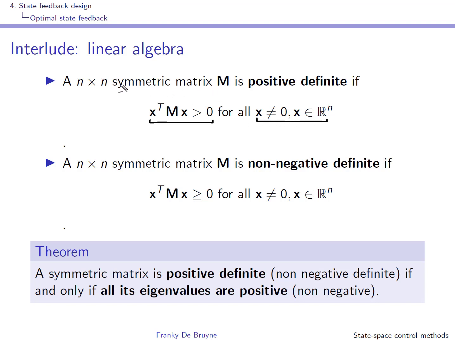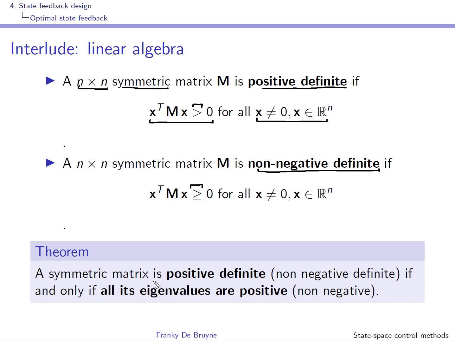M here is an n by n symmetric matrix. And we have a closely related definition with positive definite replaced by non-negative definite, and obviously this one is going to be replaced by greater or equal. And we have seen that a symmetric matrix is positive definite if all its eigenvalues are positive.